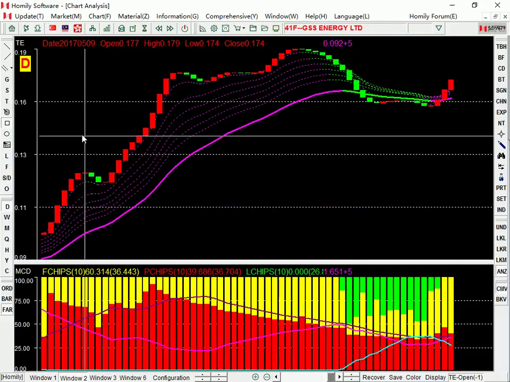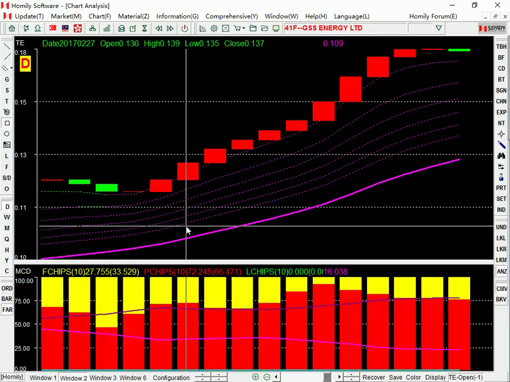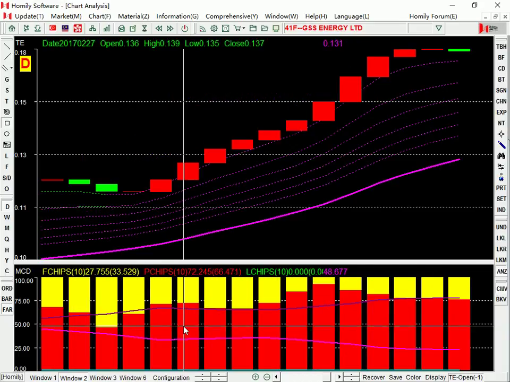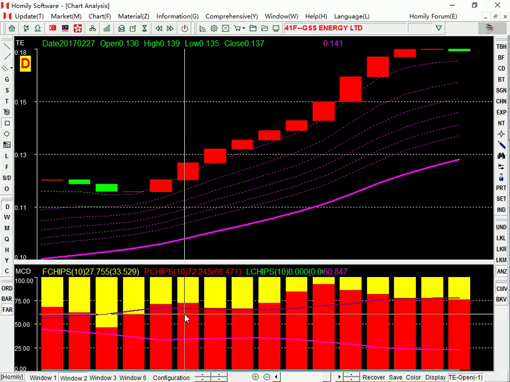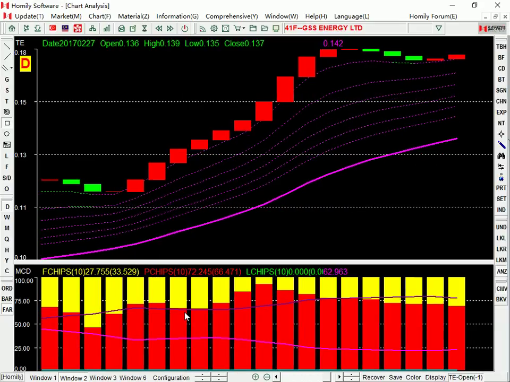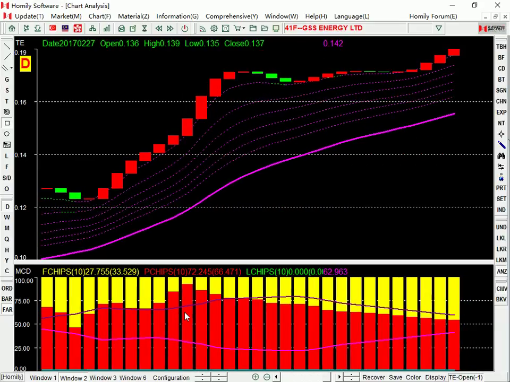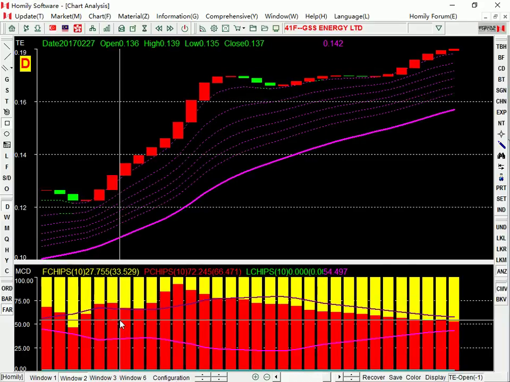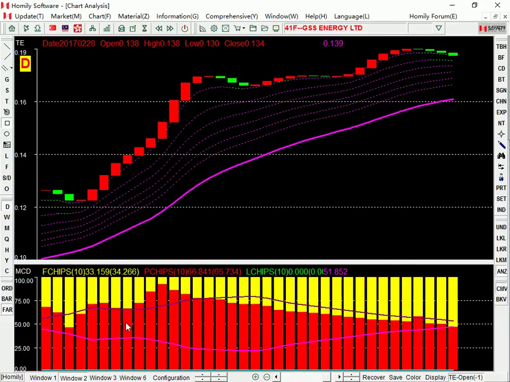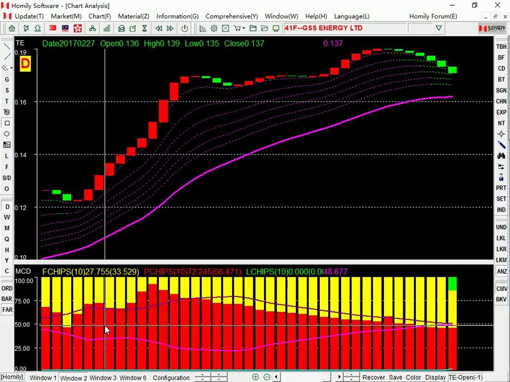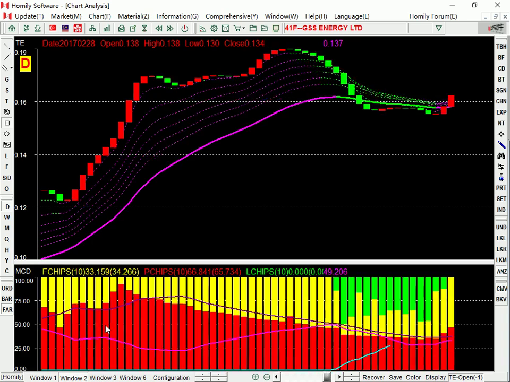Around here, the red is above 50, which means the bank money fully controls. But we can see here, the red bar goes from 50 to below 50. So here we should sell first. Okay, so here is the sell point.